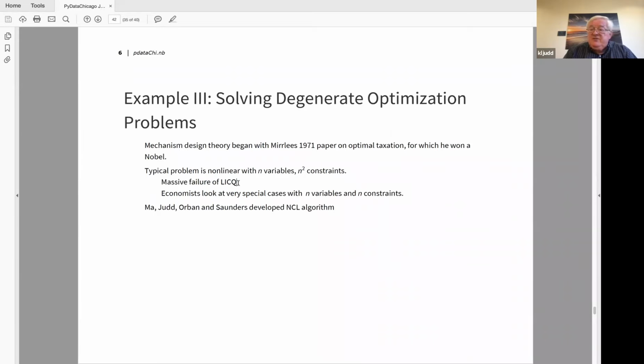And so when Che-Lin Su and I worked on this many years ago, 15 years ago, none of the solvers worked. A few kind of worked a little bit, but they all ultimately crashed on this failure of LICQ. And then I got the attention of Michael Saunders and a student of his, Ding Ma.